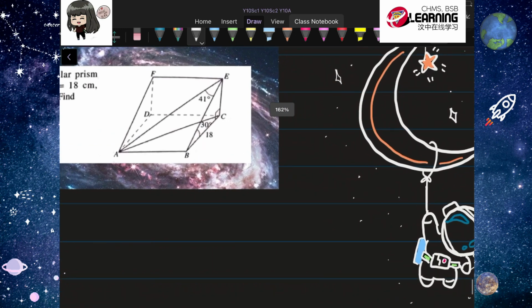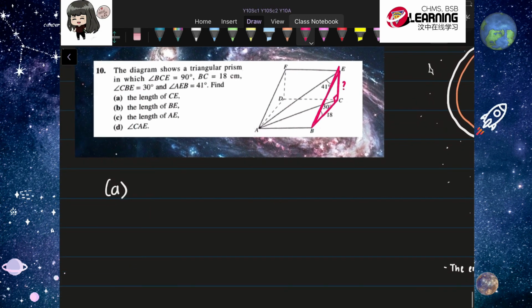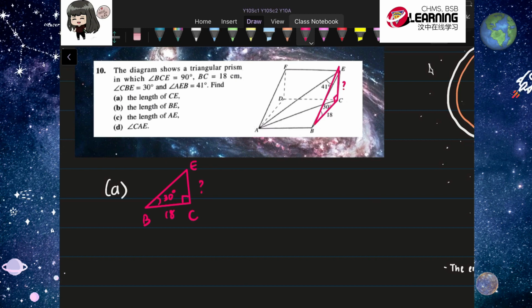So CE, you look at this triangle. This is a 90 degree triangle. You need to find here. Also use SOHCAHTOA. I'm gonna draw out the triangle for you from the view. BCE. You need to find this. You have 18, you have 30 degree. So you use SOHCAHTOA, you find it yourself.